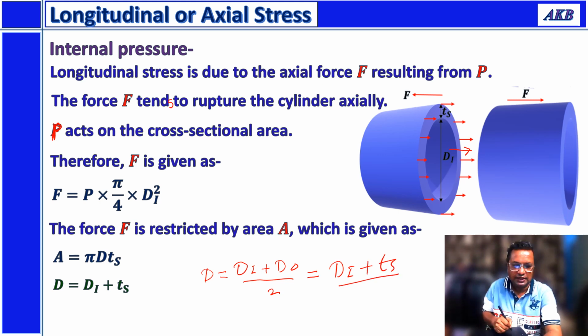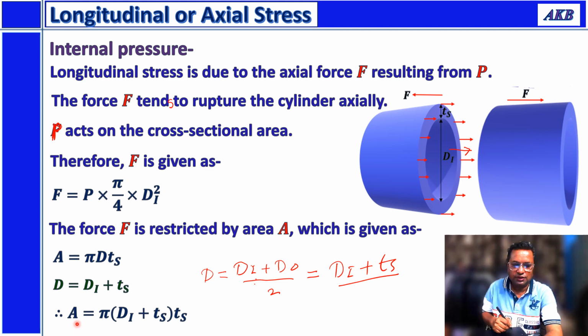So you can say d is the mean diameter, mean of internal and outer diameter. Okay, so the point is force F, which is given by this equation, is resisted by area A, which is given by A is equal to pi into d into ts, and d itself is di plus ts, which is nothing but the mean diameter of the shell.